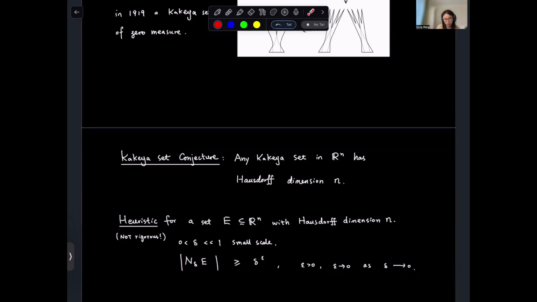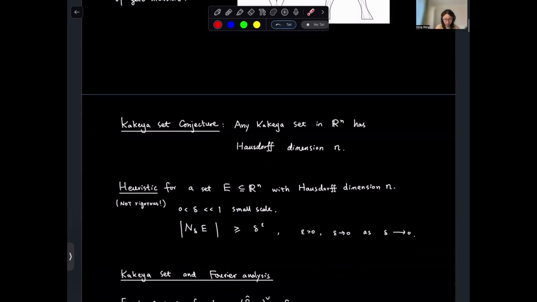It says that the volume of its delta neighborhood goes to 0 very slowly. This is a helpful way, although not rigorous, to imagine a set of Hausdorff dimension n.